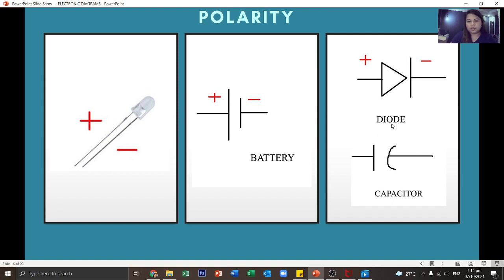Next, we have the capacitor. How do we know where the positive and the negative side of the capacitor is? This symbol is a polarized capacitor, meaning there is a positive and negative. The straight line is the positive and the curved line is the negative of the capacitor. Very good.